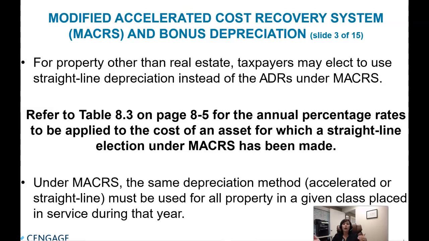However, you have to apply the same method to all of the property in the same class put into place in that same year. So you can't, for your fleet of trucks, mix and match depreciation methods if you've bought them all at the same time.